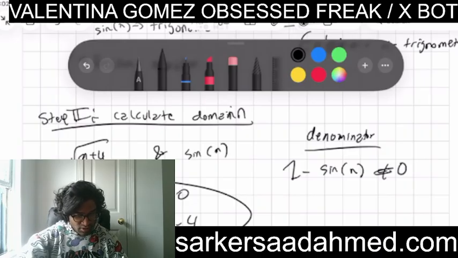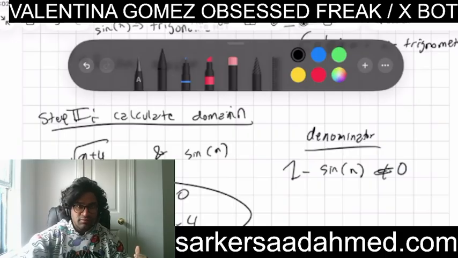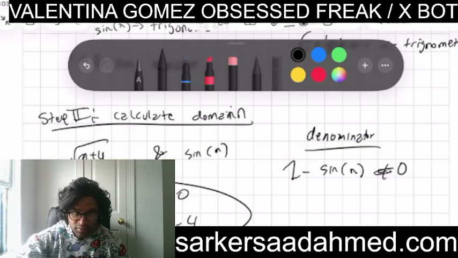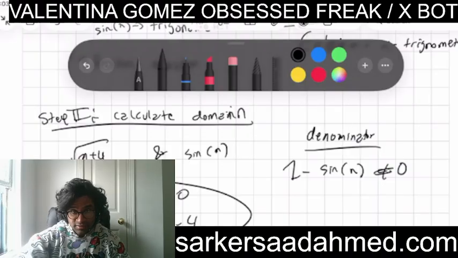For the numerator, you can have 0, but make sure that it's greater than or equal to 0, because your bare minimum value must be minus 4. That's the domain for the numerator that has x in it.